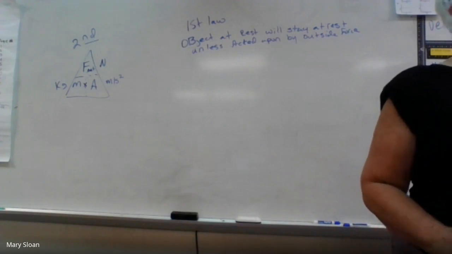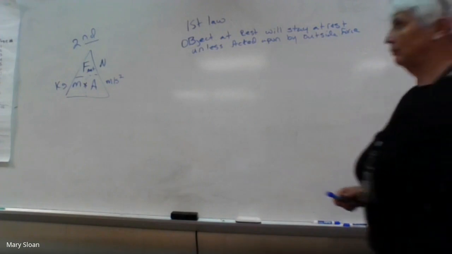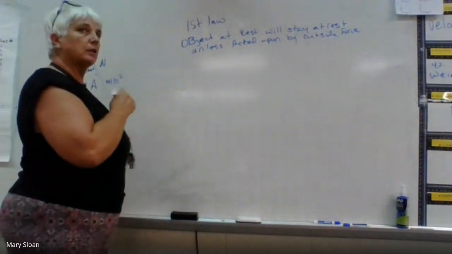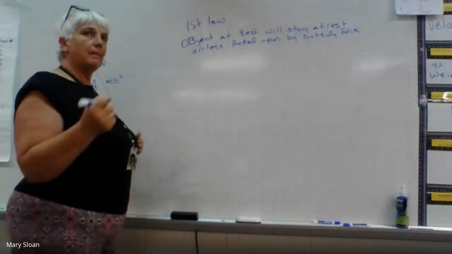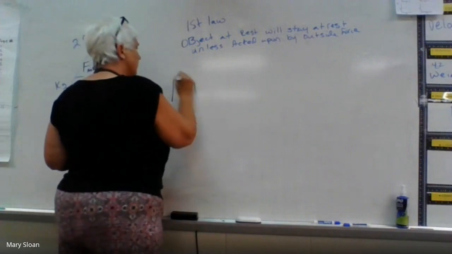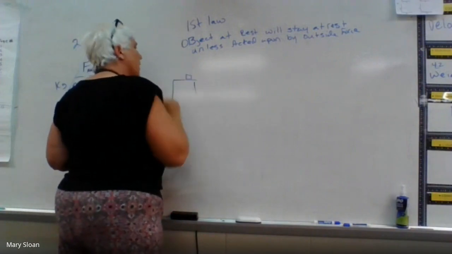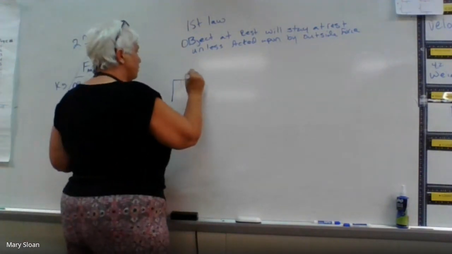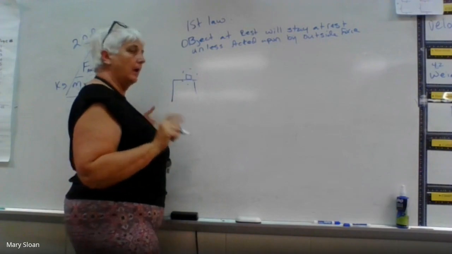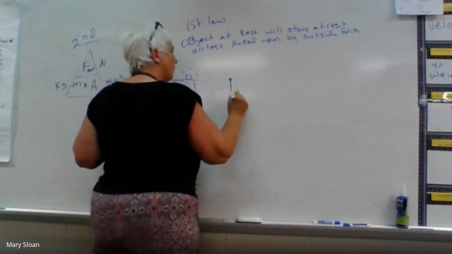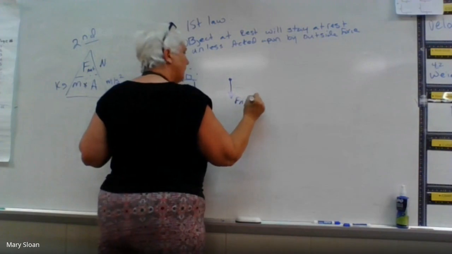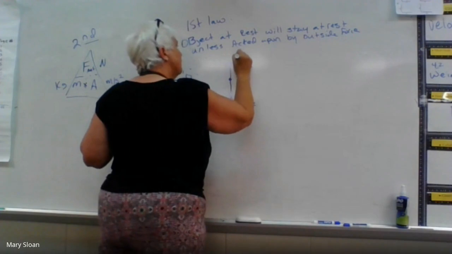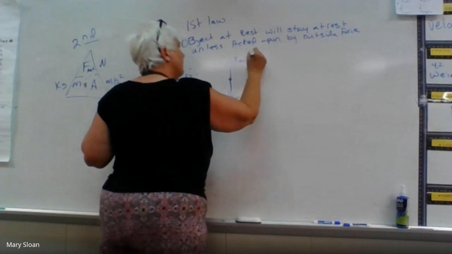Okay. Can we think of an example that we could show for Newton's first law? Well, say I have a table and I have a book on that table. Okay? My force diagram, if I was just doing the book by itself, correct? I would have force gravity on the book by the earth, force normal on the book by the table, right?